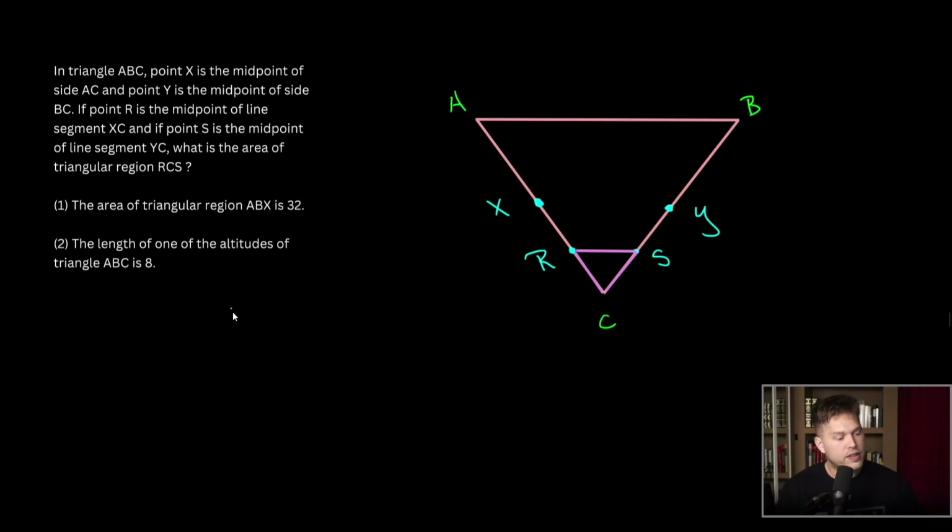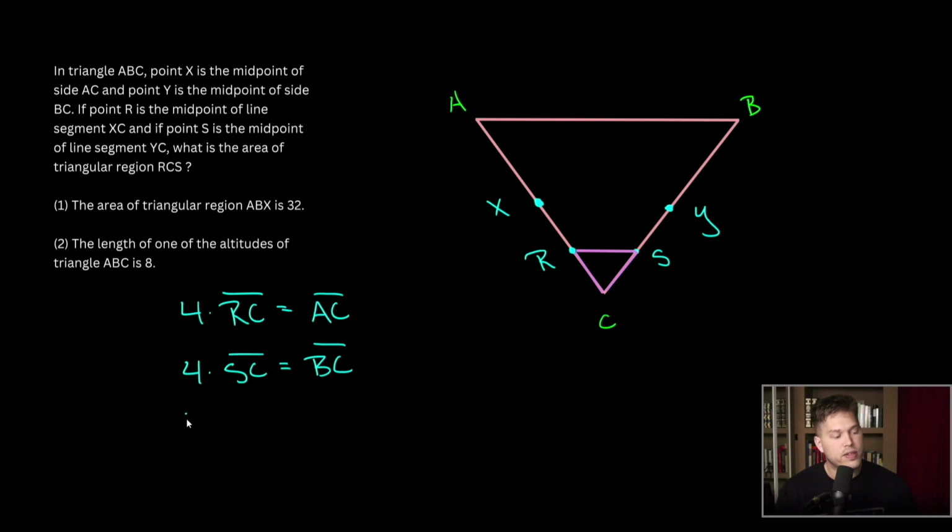So we know that it would take 4 of side length RC to equate to the length of side AC. Similarly, 4 times the length of SC would equate to the length of BC.